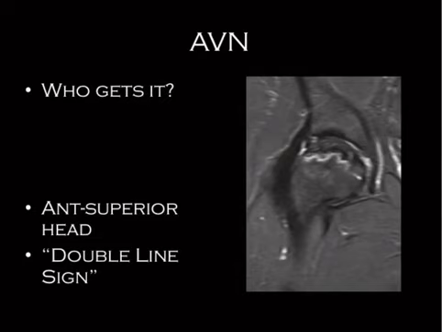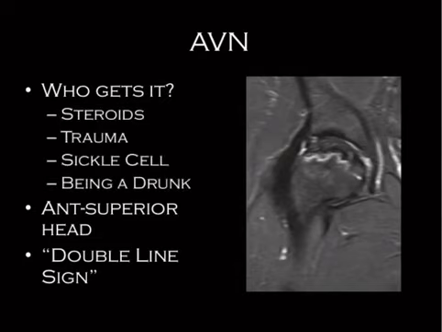Give me like 4 or 5 causes. So steroids, trauma, sickle cell's a big one, Gaucher's, alcoholic. If I was going to remember one, I would remember steroids. If I was going to remember 2, I would remember steroids plus sickle cell.